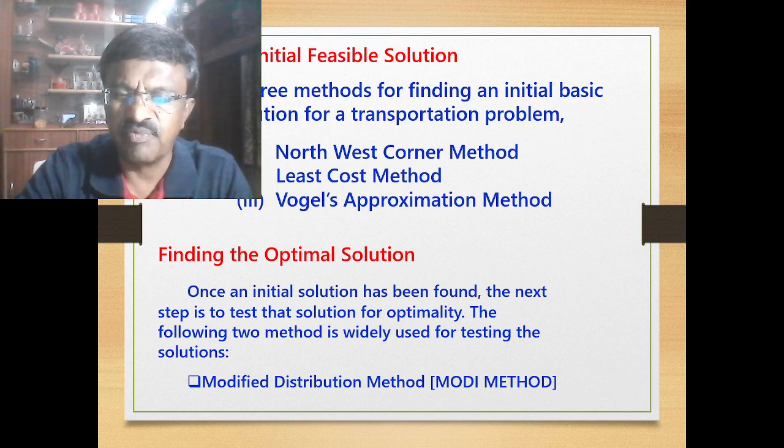The first two letters of modified is MO and the first two alphabets of distribution is DI, MO, DI, MODI method. The purpose of MODI method is to find the optimum solution. First it checks whether the solution given by initial method is itself optimum, otherwise it will modify the distribution so as to get the optimum solution.